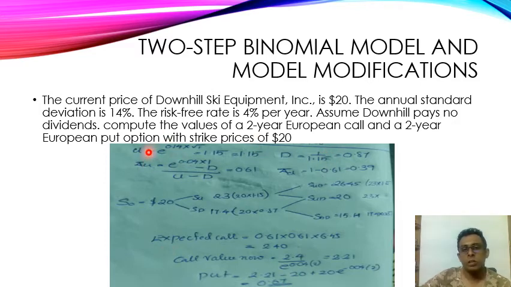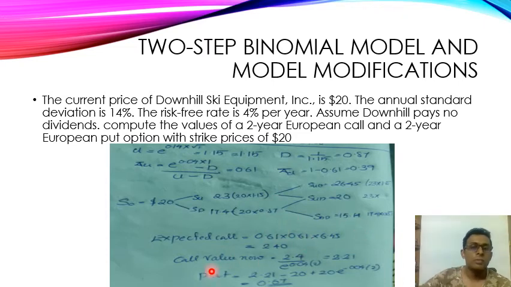First we'll have to find out the upstate value and the downstate value, then the probability of reaching upstate and the probability of reaching downstate, then the binomial tree we'll have to create based on the upstate value and downstate value. Then from the probabilities of reaching the upstate and downstate, we'll need to find out the expected call value and expected put value.